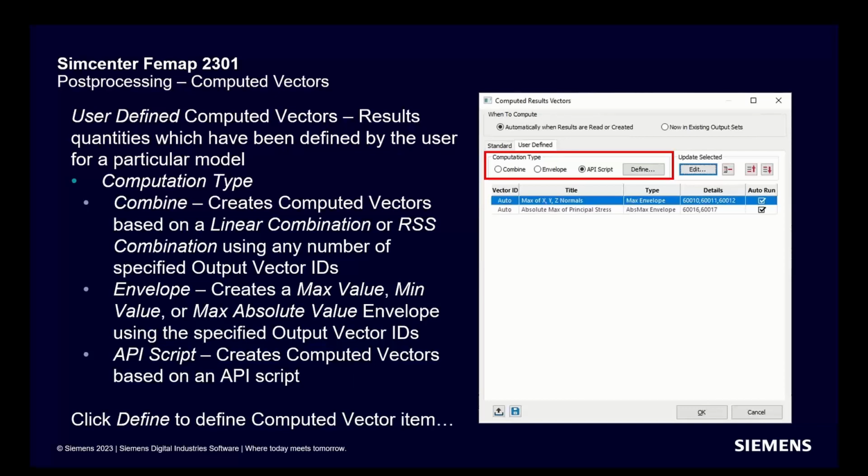You can envelope output, and then you can also call an API script to create computed vectors as well. And I think the API script is probably what we're most interested in, and we'll probably end up doing a webinar on that at some point, so keep an eye out.